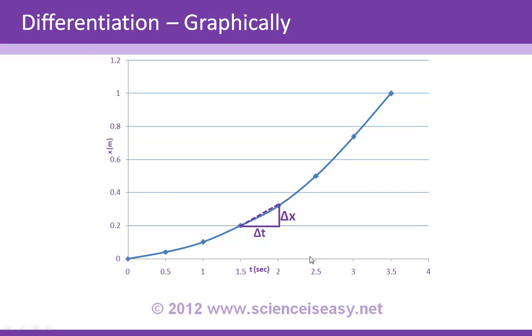Now let's analyze the same experiment graphically. That will give you more insight about the problem and differentiation. So we have plotted the same data graphically, time t on the x-axis and displacement x on the y-axis. And let's find out differentiation at time 1.5 second. We can see delta x is equal to this x minus this x, so remaining is this much, and change in time is this much.